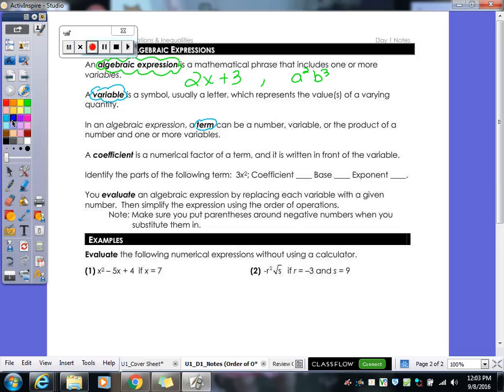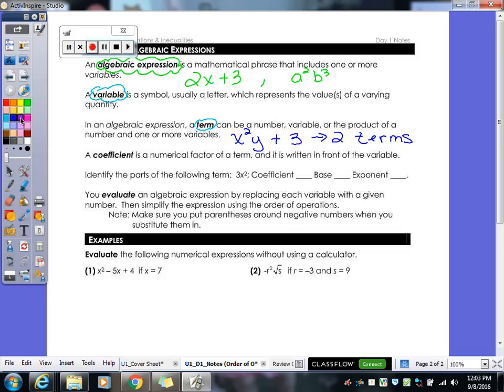So x squared y plus 3. I have 2 terms in here. What are my 2 terms? Bradley? The x squared y is 1 term. What's my second term? The 3.